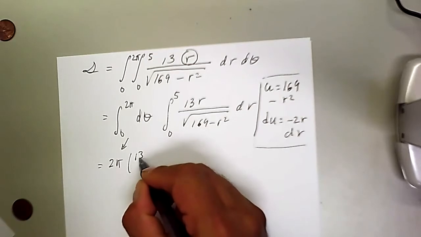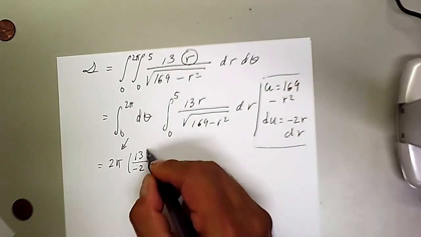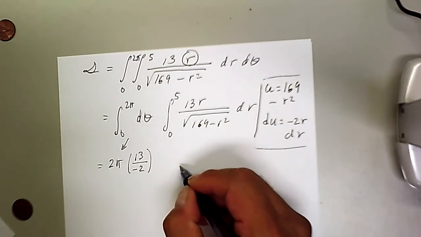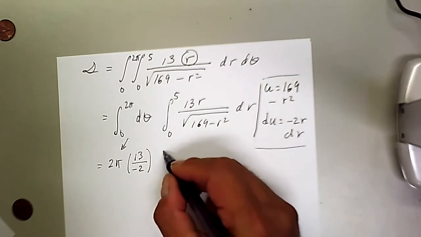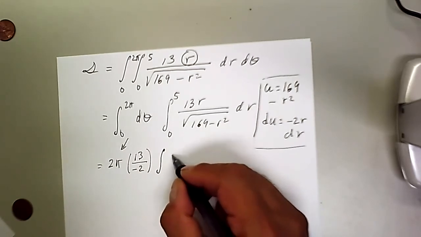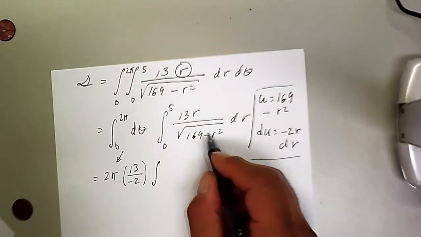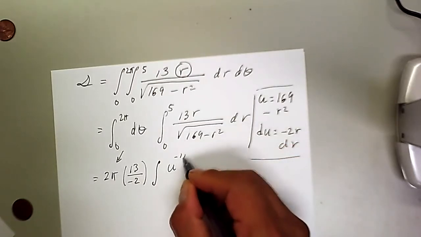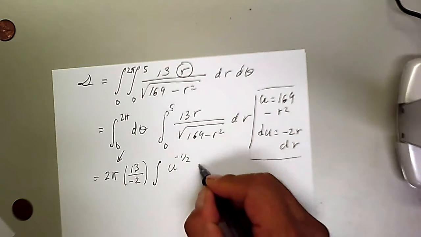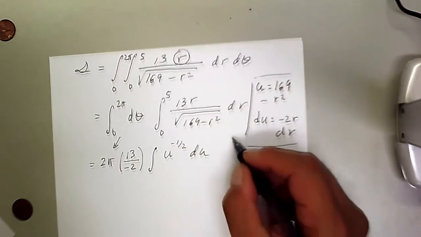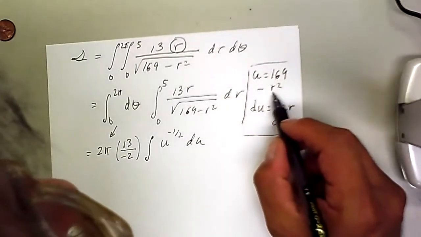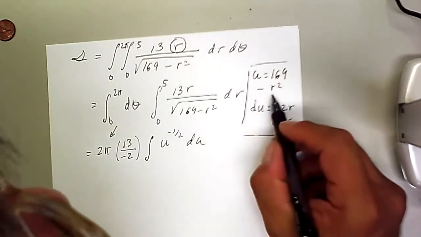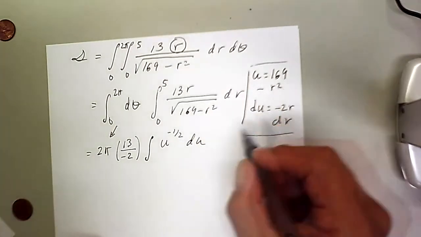So keep the 13 out, -2 on the denominator, because we got to divide by that. And then we have the integral of, I'm going to write this, square root of u, which is u to the 1/2, u to the -1/2, because we have that in the denominator, du. Let's change the limits of integration. When r is 0, u is 169.